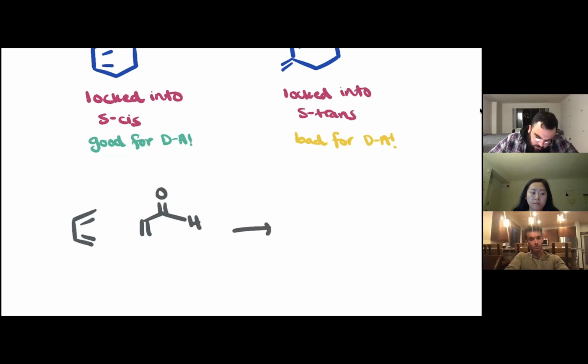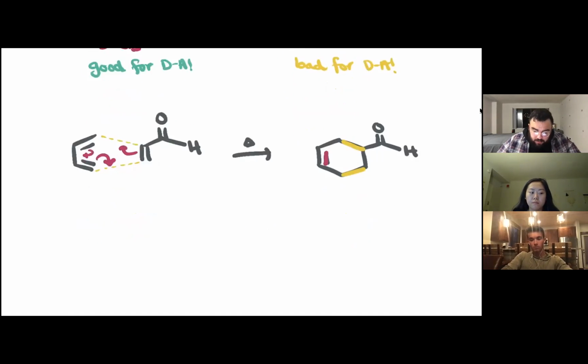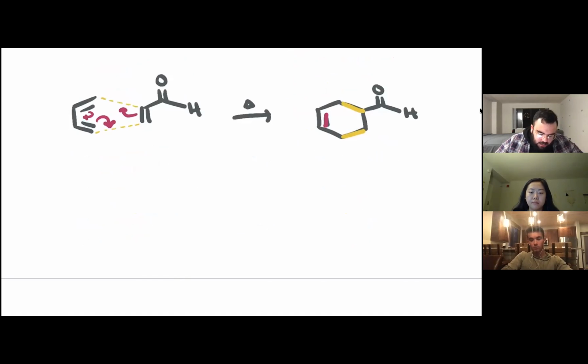So if you were to heat these up, you would end up with this cyclohexene ring with an aldehyde that you see over here, right? You're following the same pattern as you did earlier. You see that you form your 2 new sigma bonds here, and then you form your 1 new pi bond here, right? You can also do it with your dienes locked inside a ring.